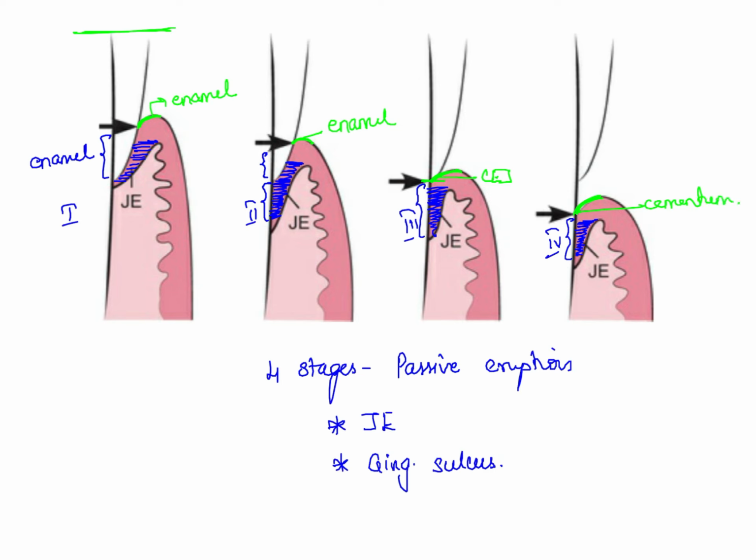And we can make out that this portion of the tooth is completely exposed into the oral cavity. So the stages progress with supra-eruption of the teeth, that is, towards the occlusal plane to maintain occlusion with the antagonist, and it is accompanied by apical migration of the gingiva and the junctional epithelium. And that is what is demonstrated in this picture, the 4 different stages of passive eruption.